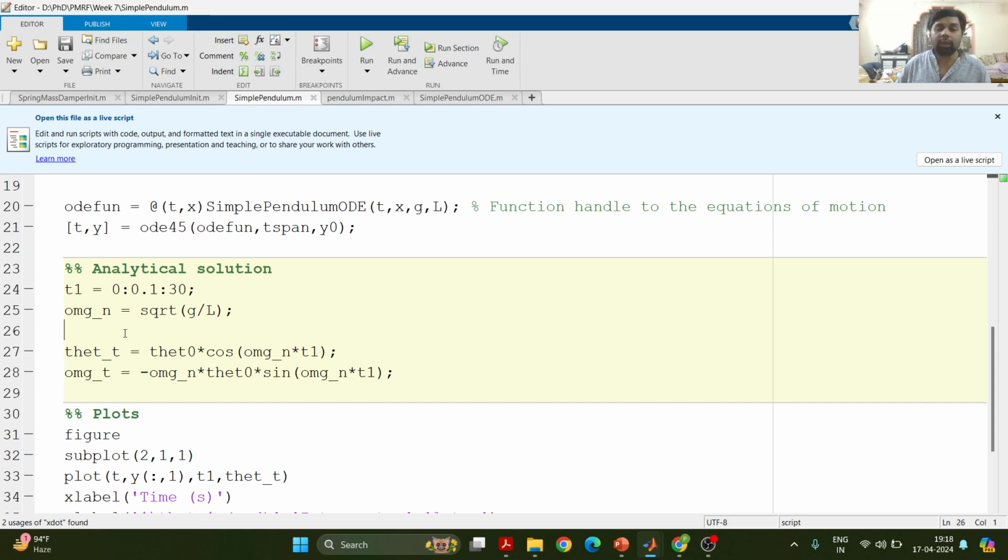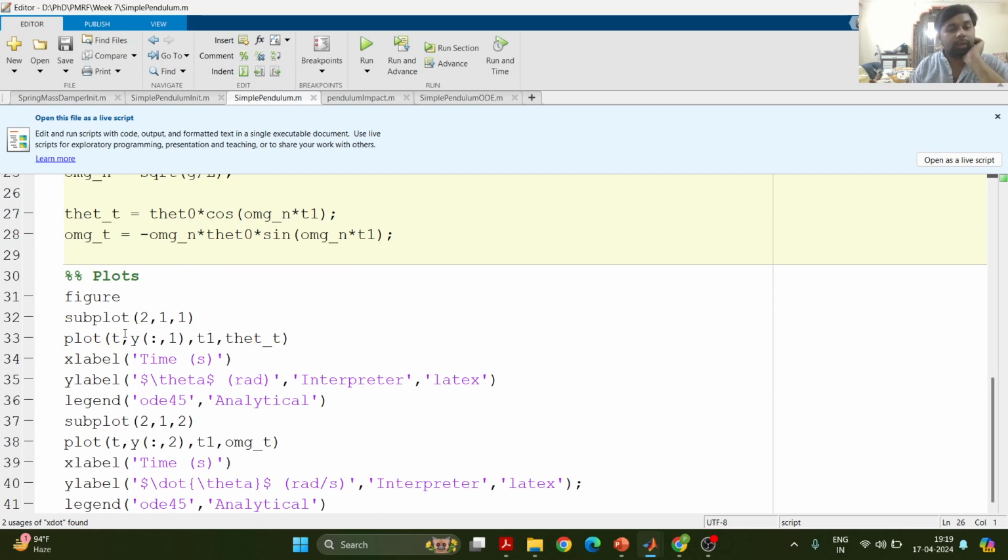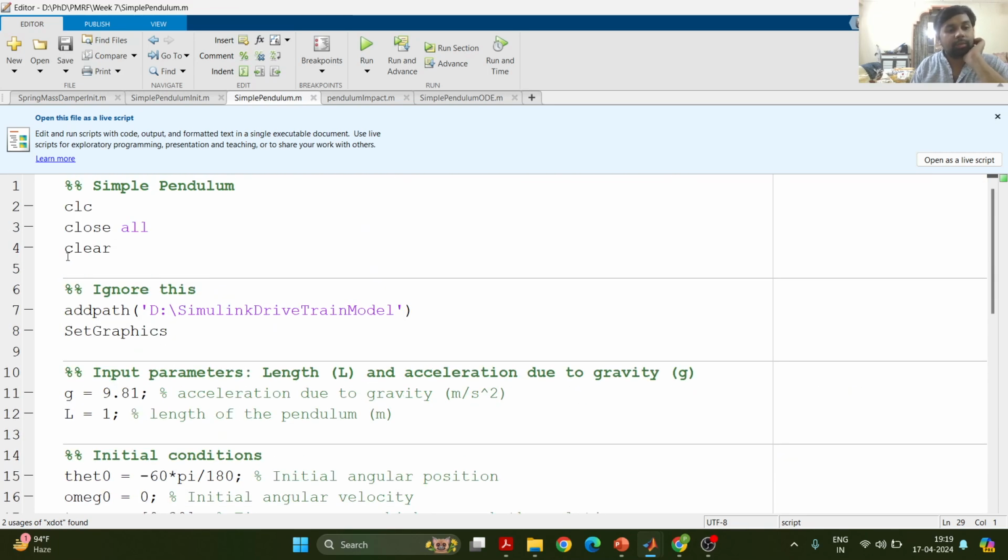The natural frequency is root g by L. The analytical solution becomes theta naught cos omega n t, and the angular velocity becomes minus omega n theta naught sine omega n t. We derive the analytical solution for the same set of initial conditions, compare the plots of the numerical and analytical solutions, and see how the behavior changes as we change the initial conditions.